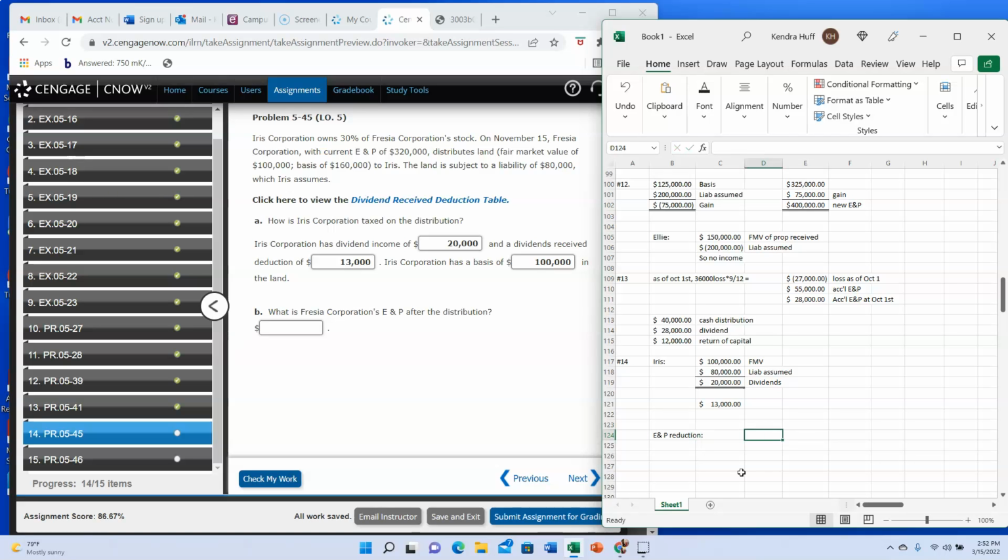All right, they started off with 320. That's current E&P.